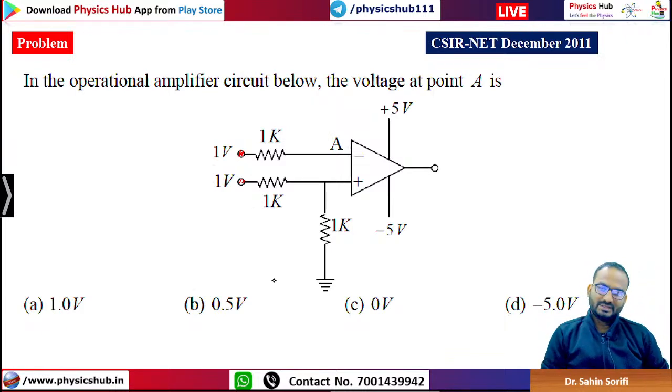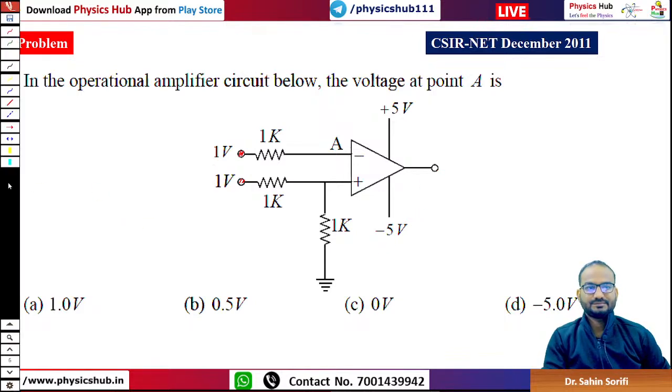Remember one thing, in an operational amplifier, the output voltage will not be greater than the supply voltage. Here, pins 4 and 7 have the supply voltage, plus 5 and minus 5. Whatever voltage is there, that will be the maximum voltage you can achieve from the output. Remember this one thing.